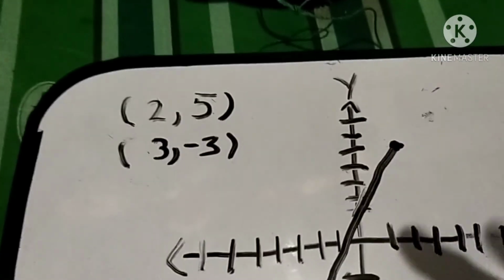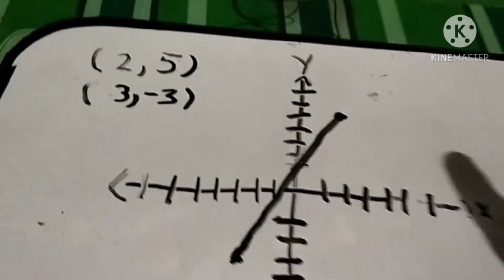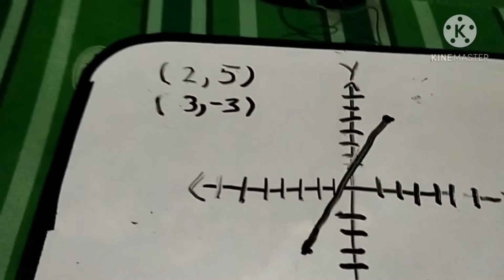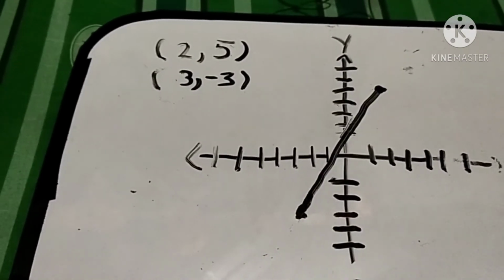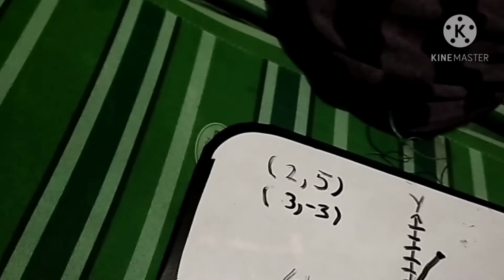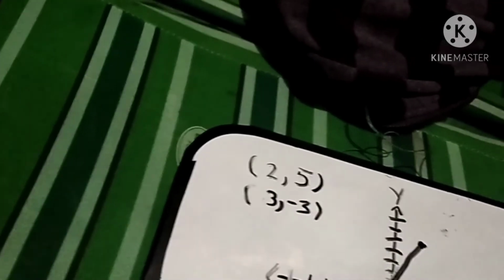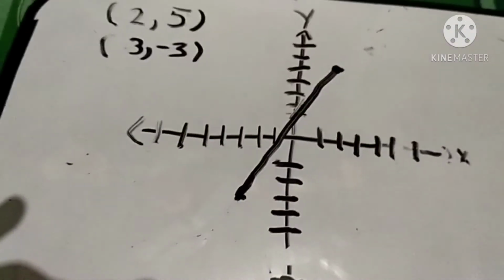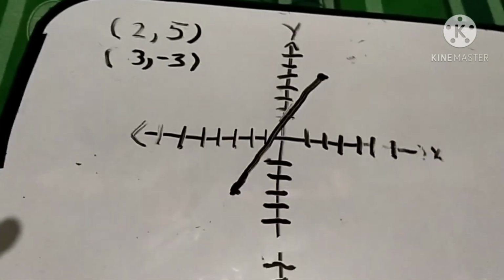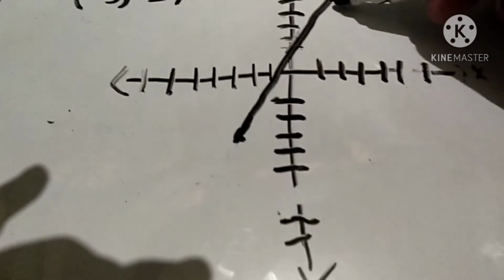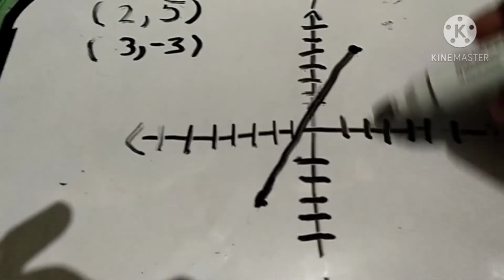On the Cartesian plane, an example of an ordered pair is (2, 5), which is located here, and (3, negative 3), which is located here. So I make a line out of it. We will now find the slope, which is rise over run. If the line is falling from right to left, the rise is falling down.